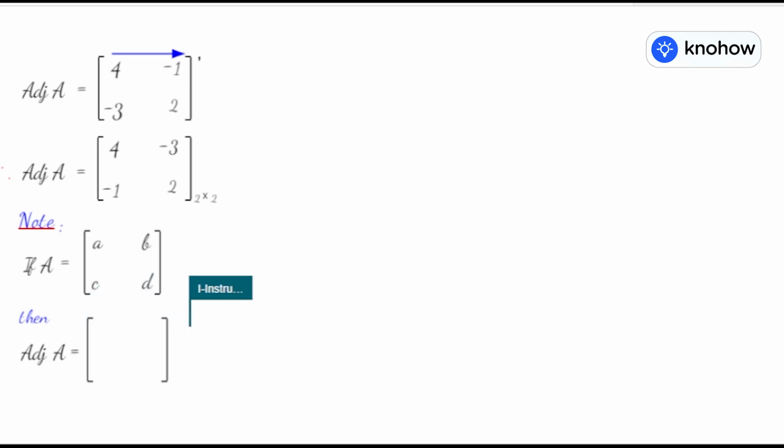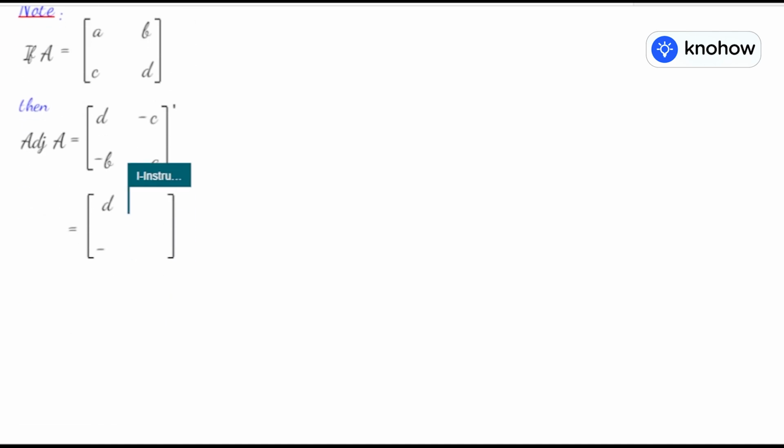You take the cofactor of A as D, that of D as A, both remaining positive, that of B as negative C, and that of C as negative B. Now you take the transpose of it, and the elements of the first row are written in the first column and the second row in the second column.